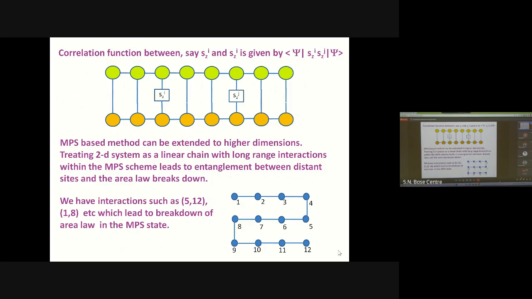But the problem is, when you break it up, for example, I've got a 12-site problem, and I break it up here, then on the left side I've got bonds between 8 and 10, 7 and 10, or 8 and 9, and so on. Because of that, there is an entanglement, and that entanglement is not removed, and so the area law is not obeyed.